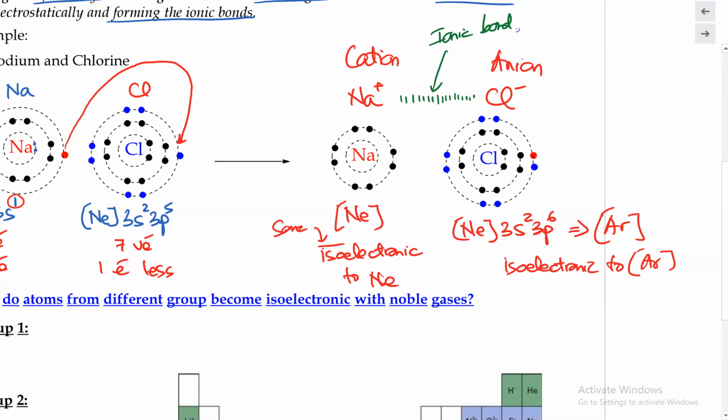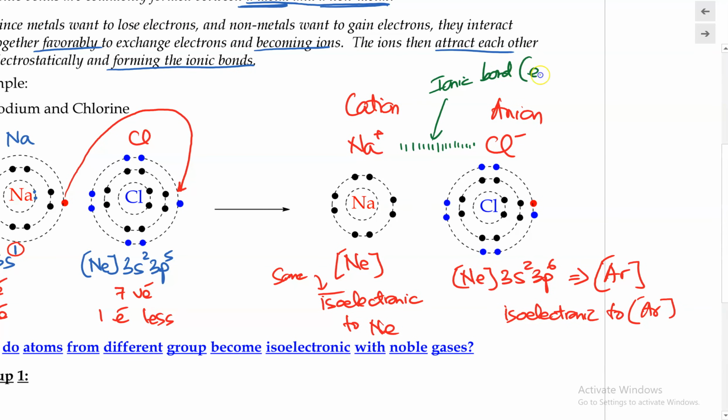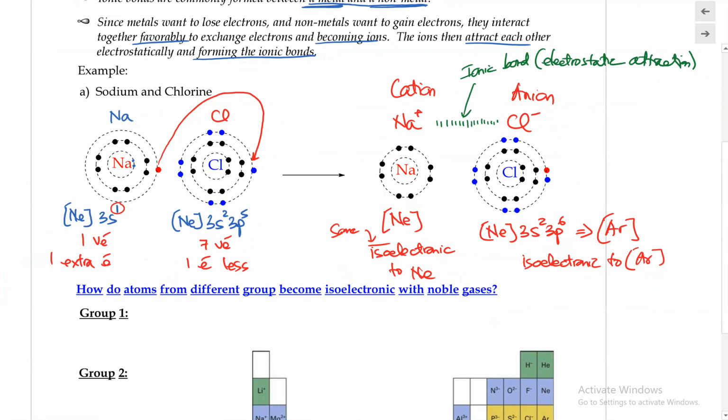The ionic bond is the bond that is due to the electrostatic attraction among the ions. So that is what happens in an ionic bond when a metal interacts with a non-metal.